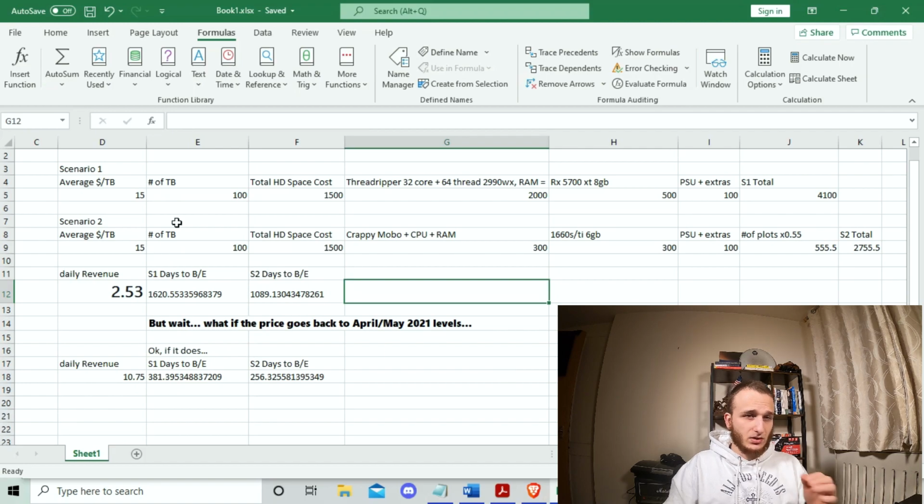Because if you buy used hard drives, you might get ones that have been used for quite a long time, and they might not be that healthy. So the hard drive might not last you the amount of time you want to break even. So you want to aim for new ones. If you can't, then you can go for used ones, and you might even get them for $10 somewhere.